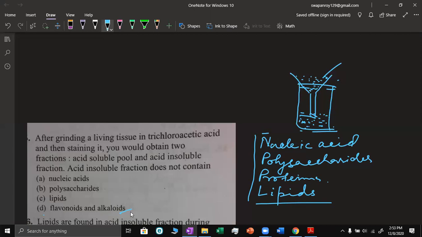So these small molecules come in the acid soluble portion. So the acid insoluble portion will not contain flavonoids and alkaloids.